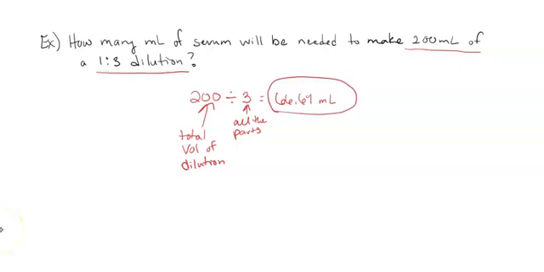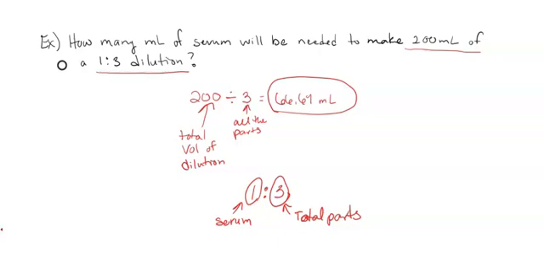So if we look back at our dilution ratio, it is 1 to 3. The 1 is representing our serum. The 3 is representing total parts. So have we answered the question that we were originally asked, of how many milliliters of serum do we have?